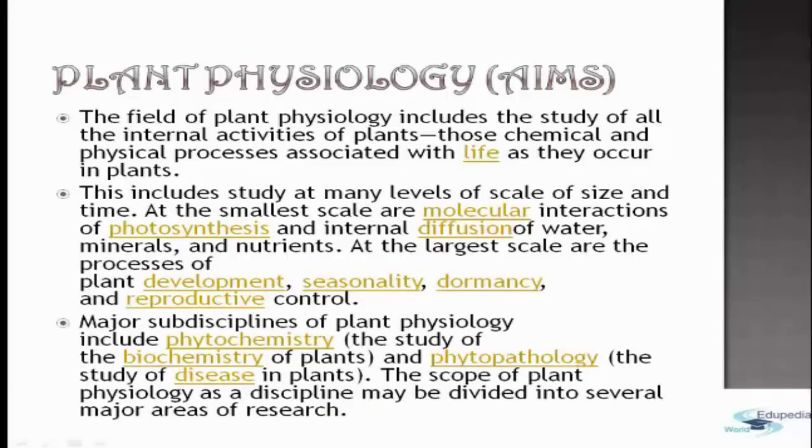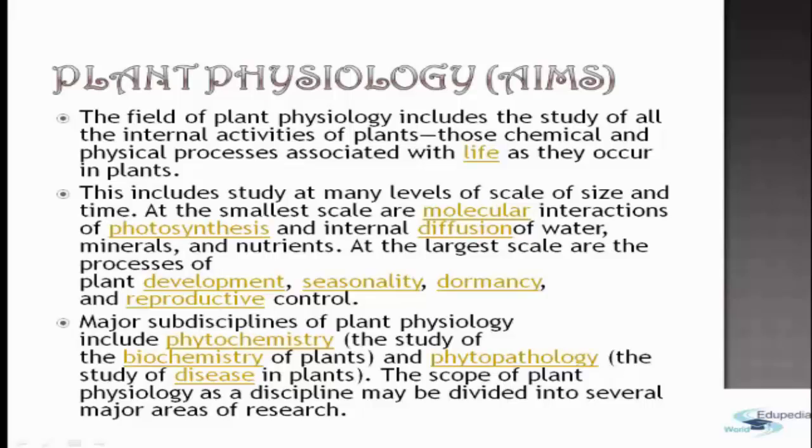This includes study of many levels of scale of size and time. At the smallest scale are molecular interactions of photosynthesis and internal diffusion of water, minerals, and nutrients. At the largest scale are the processes of plant development, seasonality, dormancy, and reproductive control.